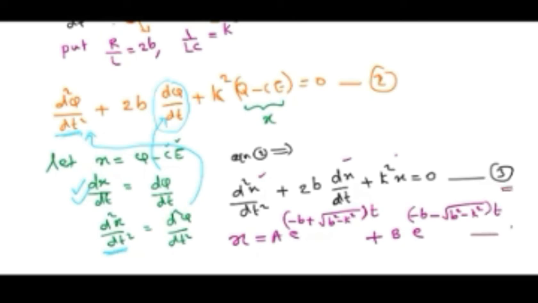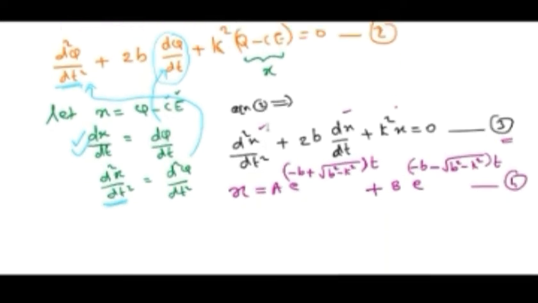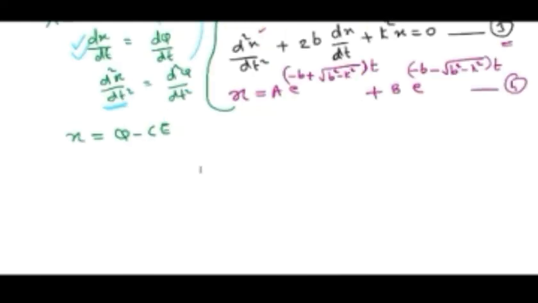Here what is the x? This x is nothing but q minus CE. Fine, that is, here x is equal to q minus CE. If the capacitor is fully charged, then there will not be a time varying field, that is dx by dt will be 0.